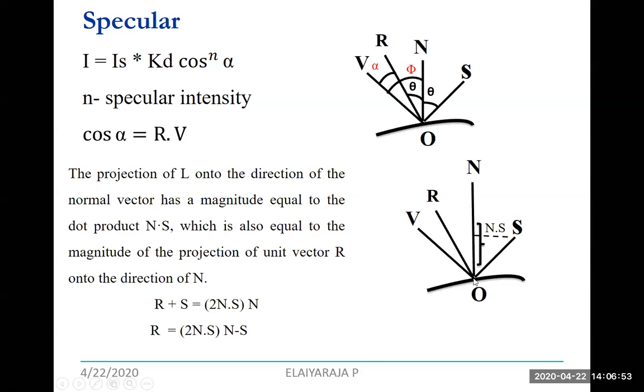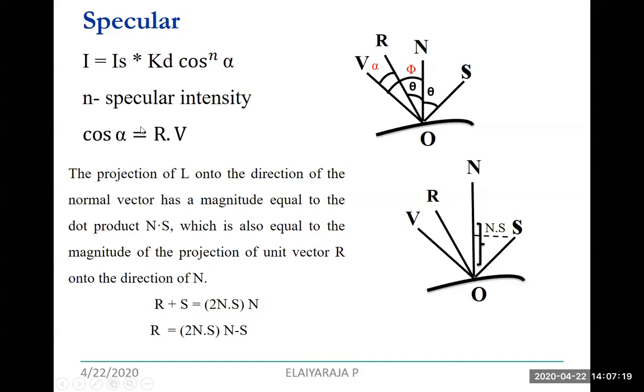So here your reflection plus the source of light is equal to the dot product of n and s, into n, and with respect to the reflection, one more n, so 2 n dot s times n.